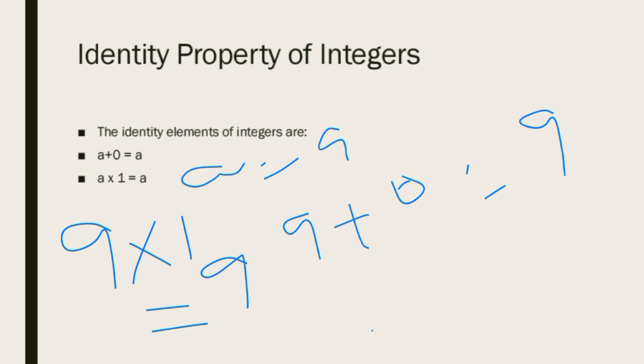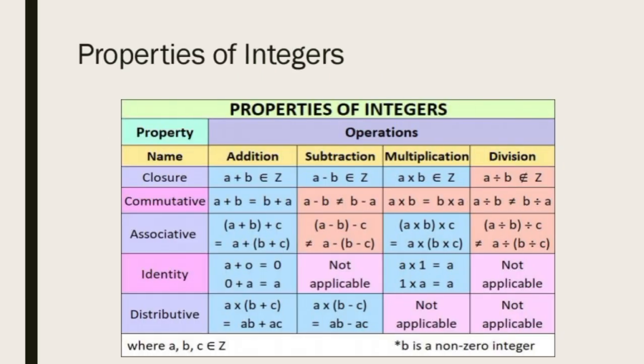Properties of integers. Property name, closure property. Addition, subtraction and multiplication, three operations exist in the closure property. Division sometimes does not exist in the closure property.